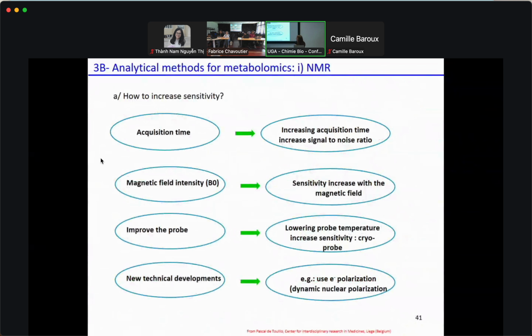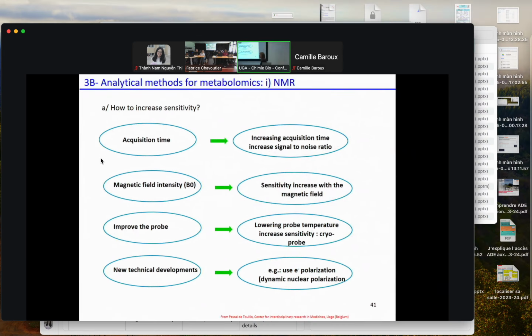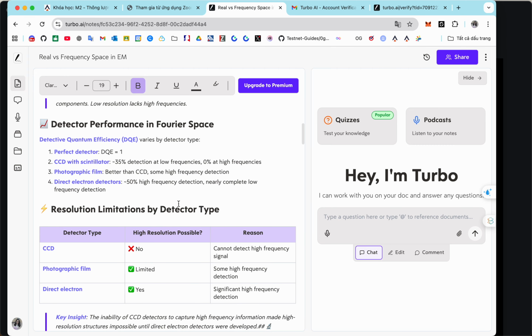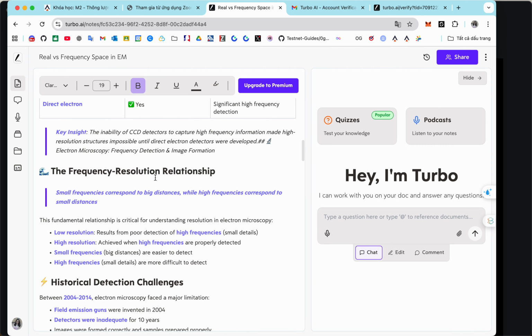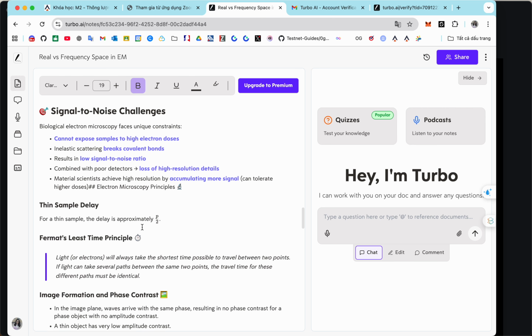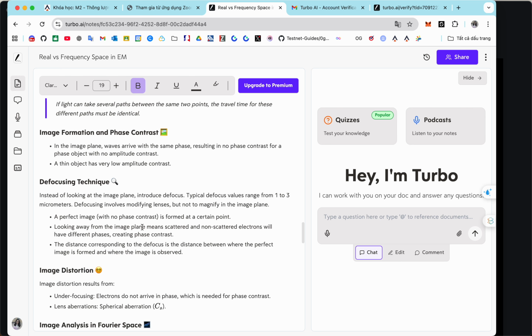So, to increase sensitivity, you can increase the acquisition time. If I acquire a spectrum of a serum sample or a cerebrospinal fluid sample during 10 minutes, and the peaks are very small, as the sample is not destroyed, I can increase the acquisition time to 1 hour, for example, to increase the signal to noise ratio.